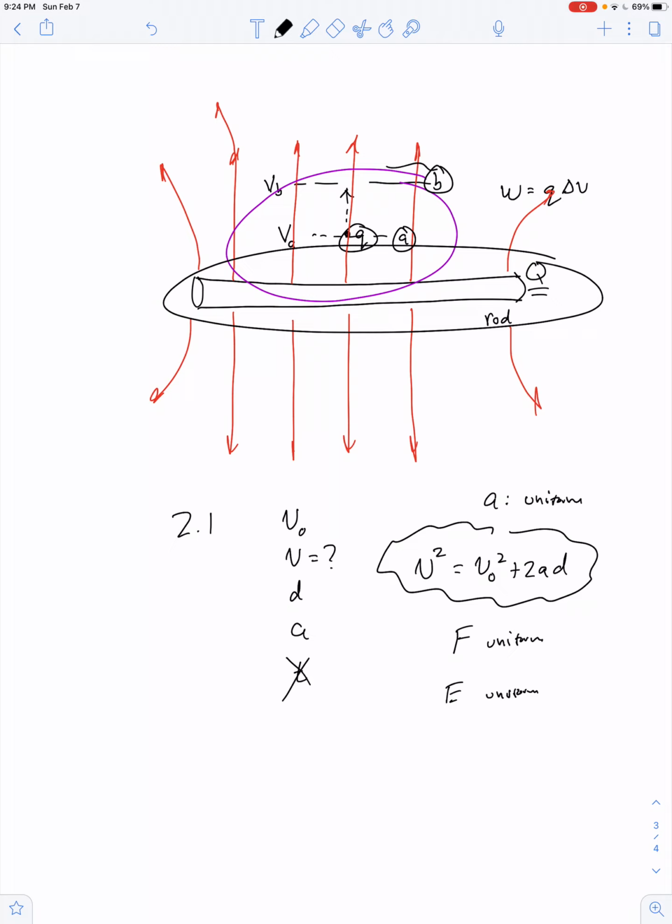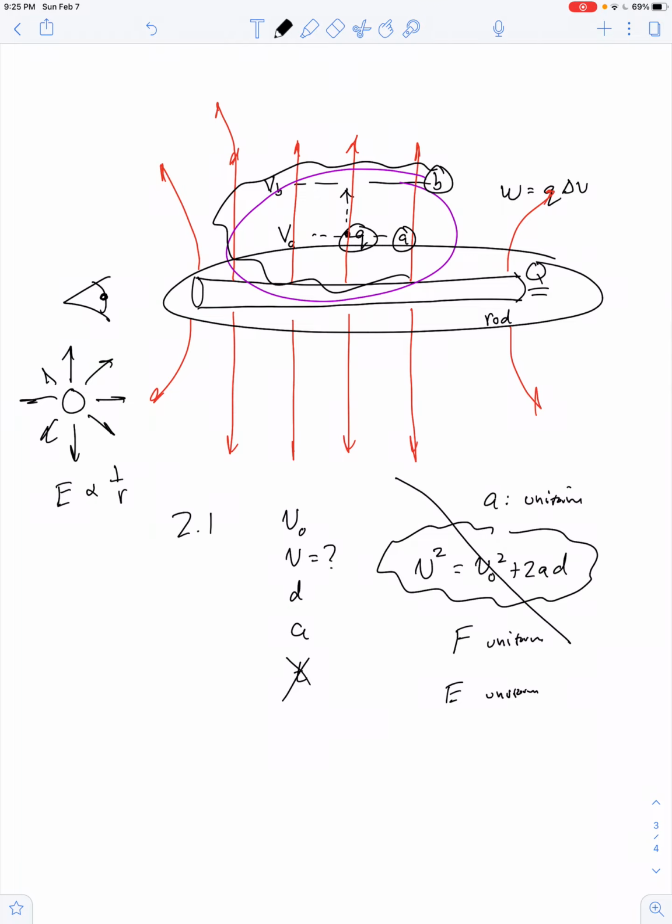Now in this picture it looks uniform, but remember that if an eyeball was looking here, the electric field around the rod is actually non-uniform. It gets weaker and weaker the farther out you go. In fact, I think you know that the electric field would be proportional to 1 over r. So we can't actually use kinematics.